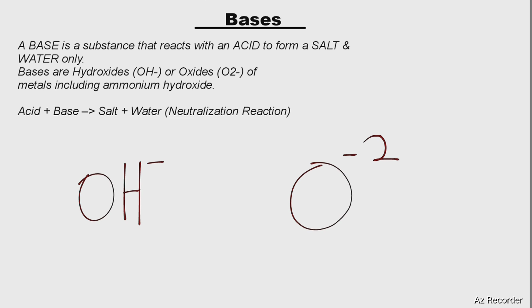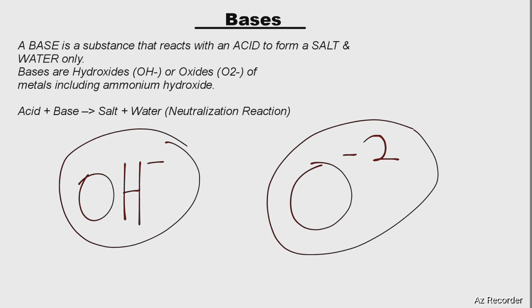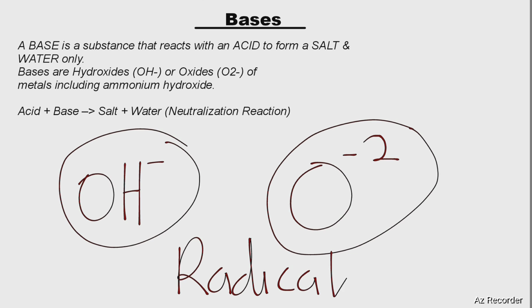When you look at these two, a base will either contain the OH, called the hydroxide group, or the oxide group, and these two are what we call the radicals. So bases contain either the hydroxide radical or the oxide radical.